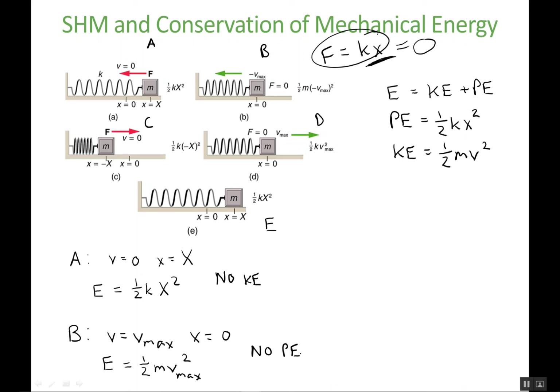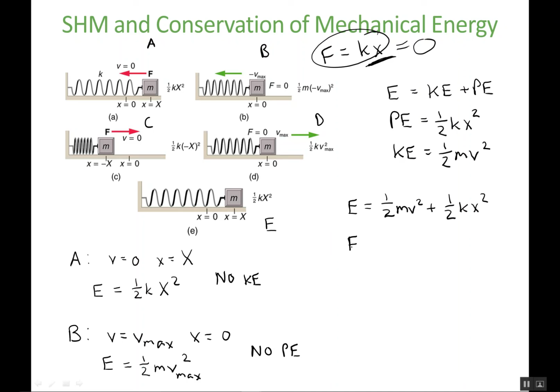Okay, so let's put this all together. At any moment in time, the mechanical energy of the mass oscillating on a spring is equal to the sum of the kinetic energy and the potential energy. But we see that at two spots in the motion, namely x equals capital X, the maximum displacement from equilibrium, and x equals 0 when the mass is at the equilibrium position, one of these terms is going to be 0.